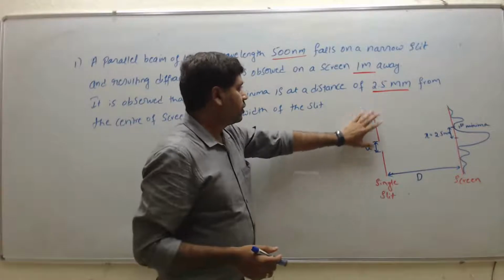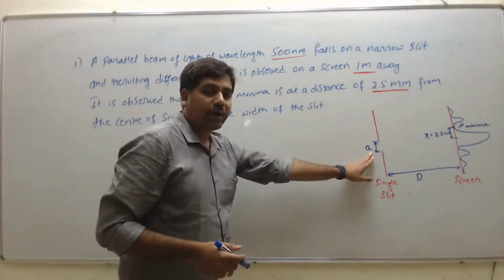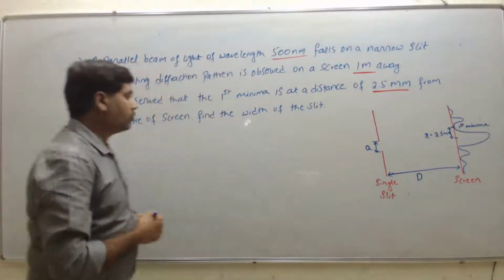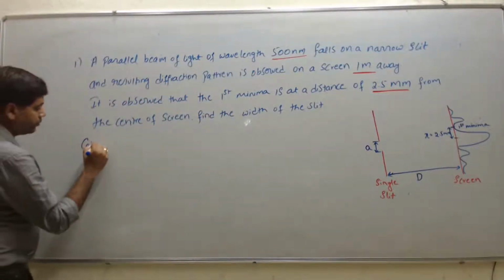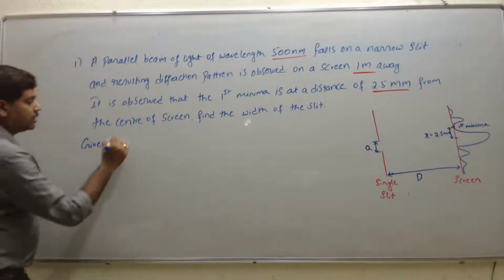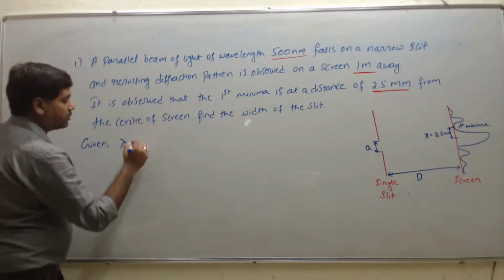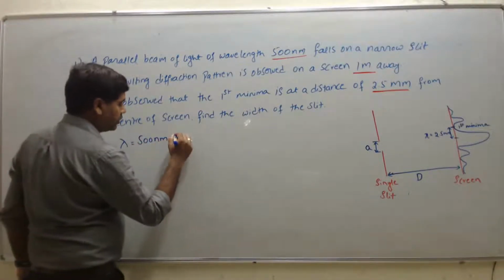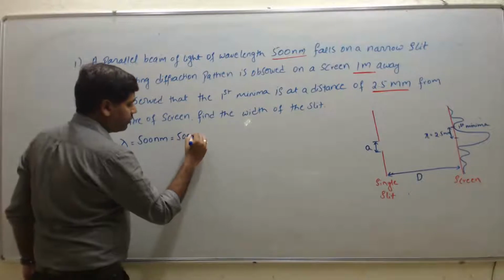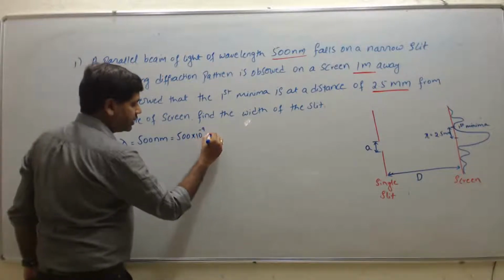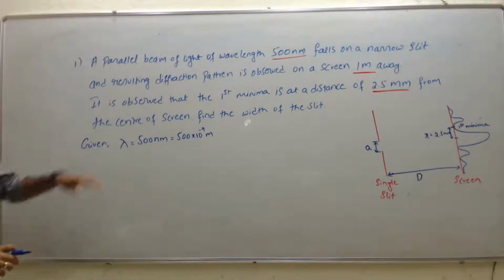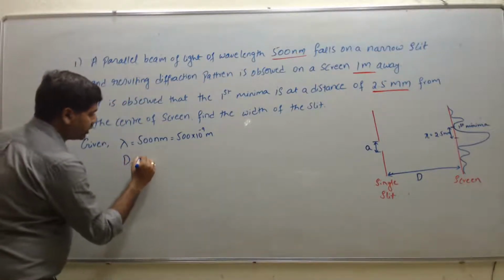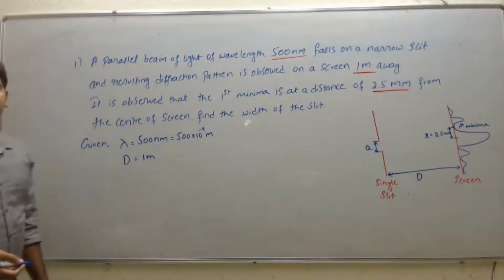What we are going to find is the slit width, that is, the value of a. The given wavelength of the light, lambda, is 500 nanometer. If we write in meters, it becomes 500 into 10 to the power of minus 9 meter. Next, D, the distance from the slit to the screen, is 1 meter.